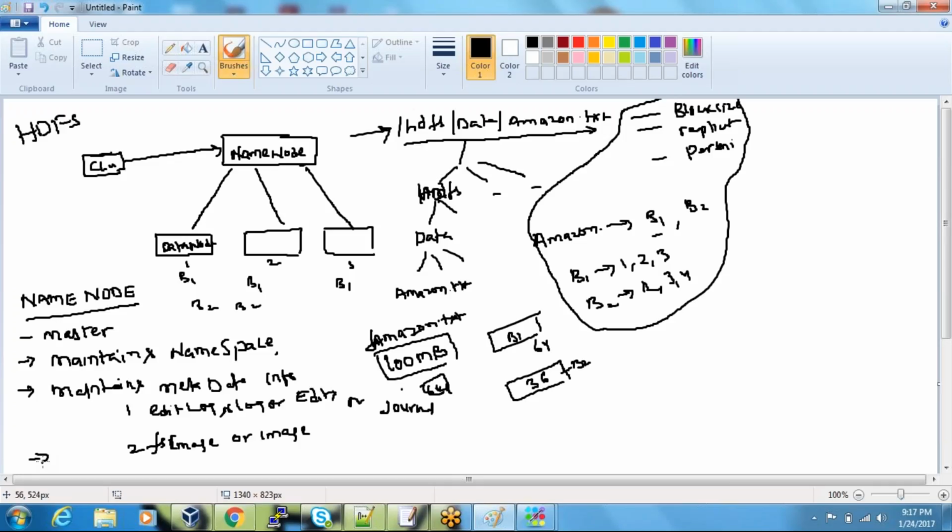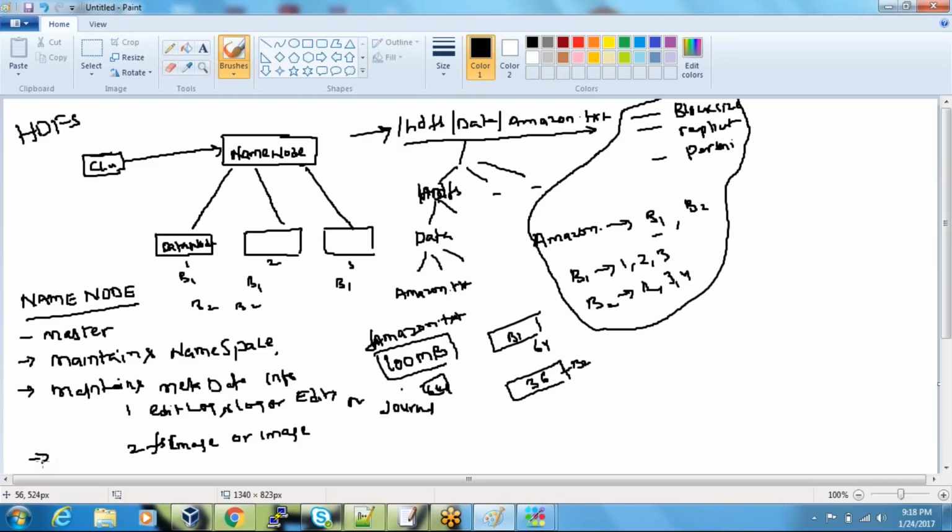Any doubts till here? Yeah, Ravi, what is inode? Very good. We call it an inode object. In Linux, whatever file you are loading, whatever data you're storing, it is called an inode. The path is called inode. The inode is not a physical machine. It's a logical name of where you have loaded.